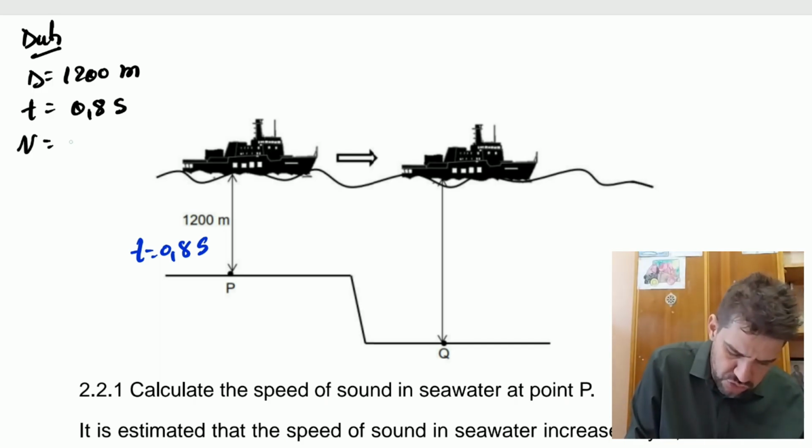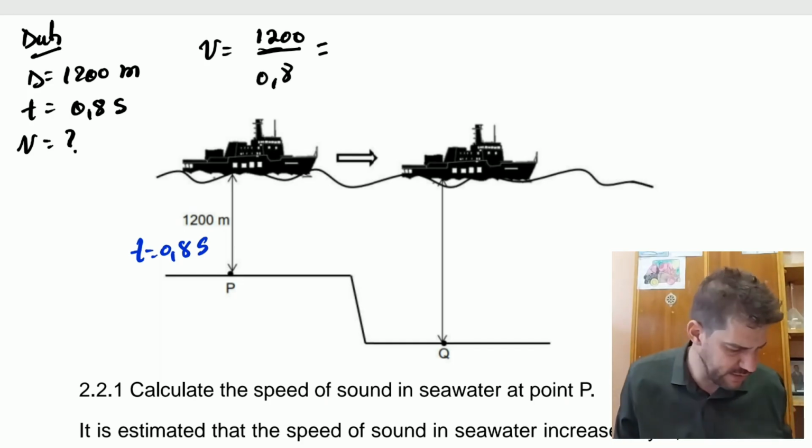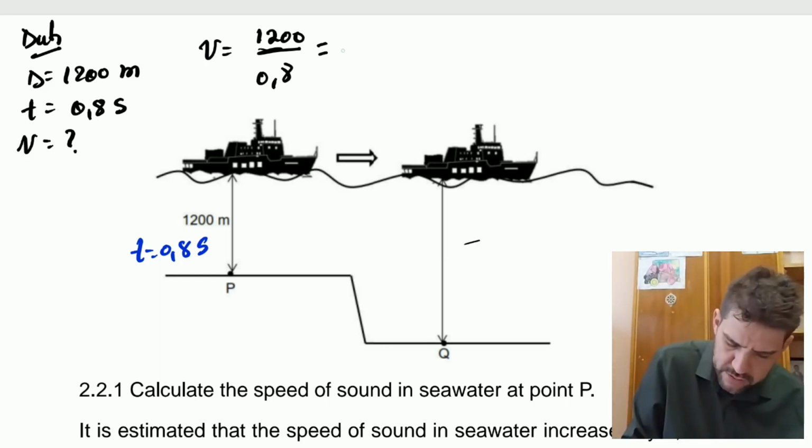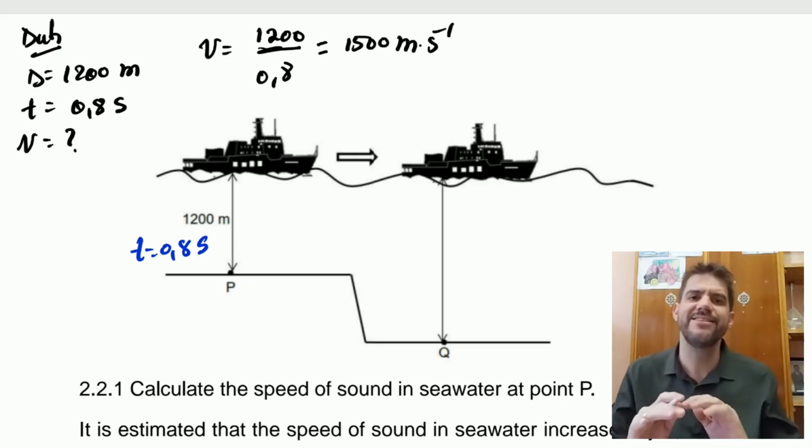You are going to use the same formula. Speed is equal to distance, which is 1,200, divided by the time, which is 0.8. You will get that speed is, and let me calculate, 1,200 divided by 0.8. Guys, you get 1,500 meters per second. Straightforward.